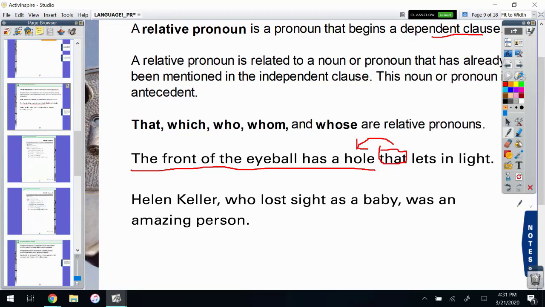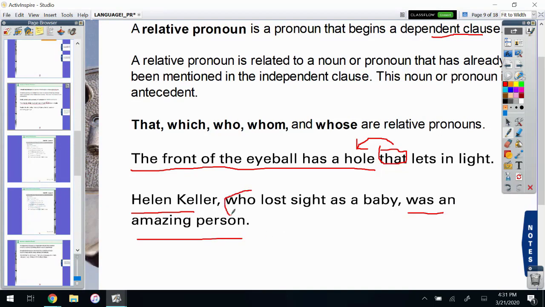Good. Helen Keller, who lost sight as a baby, was an amazing person. Helen Keller was an amazing person. That sentence is an independent clause. It has a subject, Helen Keller, and a predicate, was an amazing person, and it can stand on its own.